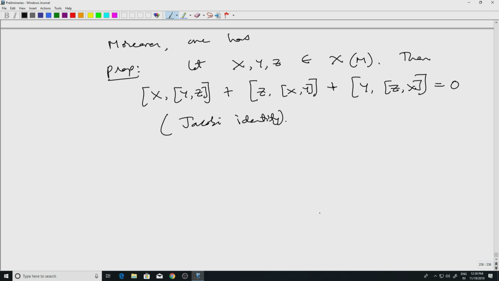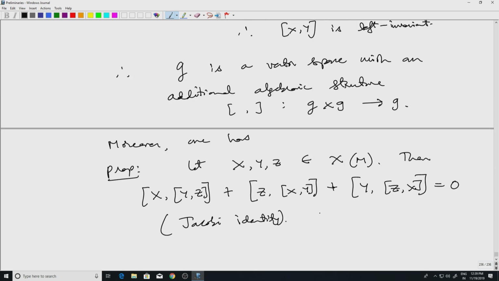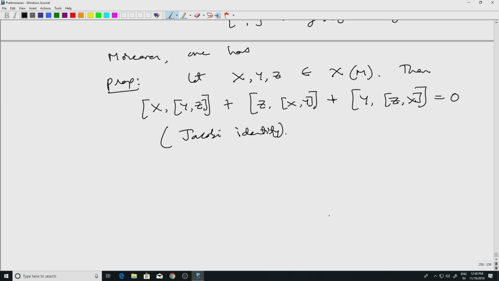So the Lie bracket, we have already seen that it is antisymmetric and bilinear. Now here's one more additional property of the Lie bracket of vector fields, and this is true on any smooth manifold. I won't prove this. This is a direct consequence of the definition of Lie brackets.